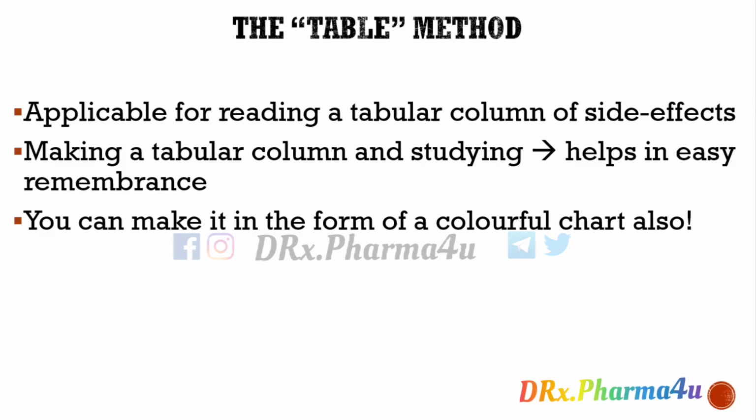If you summarize the entire chapter, whatever medicines are being used, in a table, and study that table, writing and studying it, it will be good. Because a tabular column always makes you feel psychologically good that the entire chapter is summarized in a single table, and you have the encouragement to remember it easily.